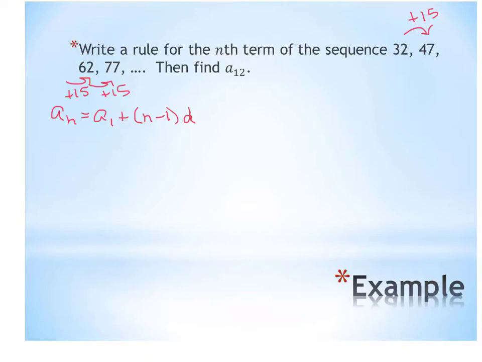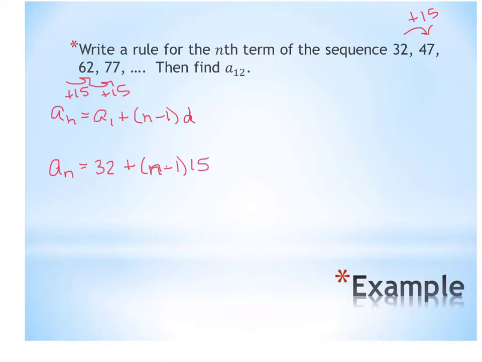The first thing we want to do, we're asked to do two things here. First thing is to write the rule for the nth term. So we leave this a sub n. A sub 1 is 32 plus, well, if it's for any nth term, n stays in, that's an n, minus 1 times that common difference, which is 15.